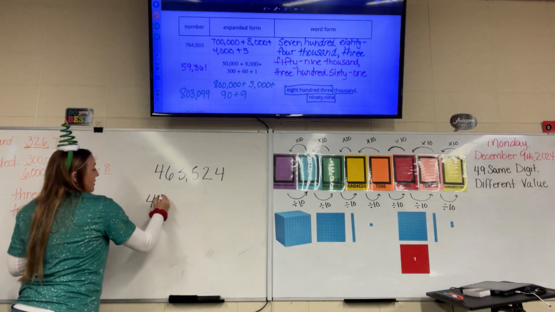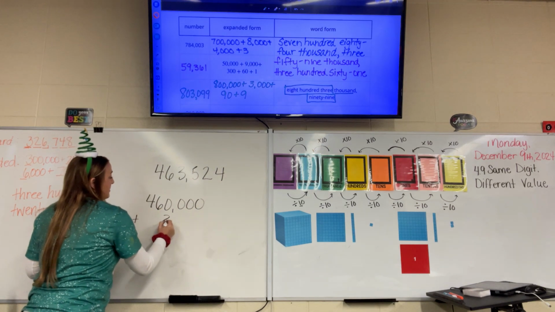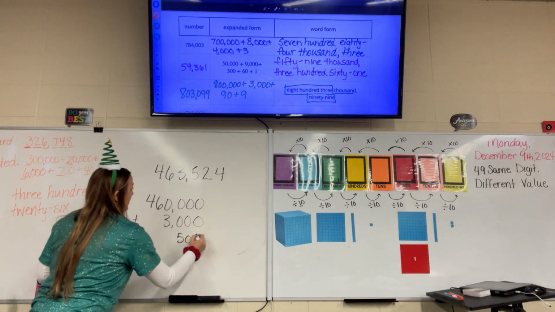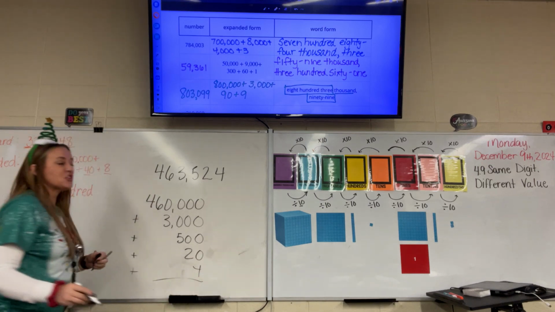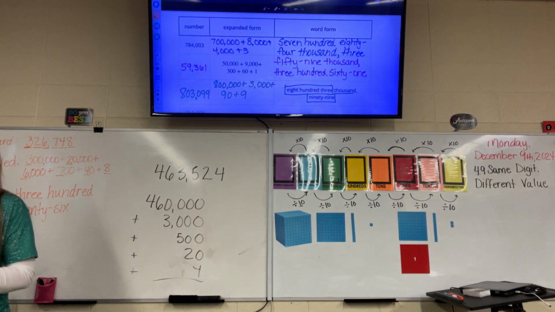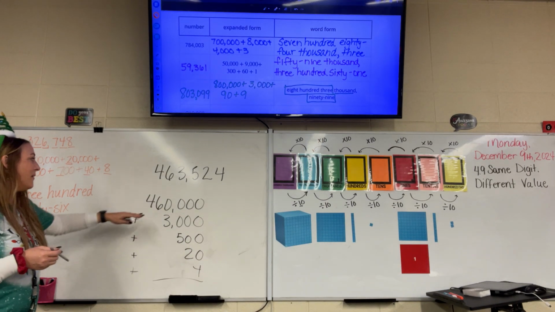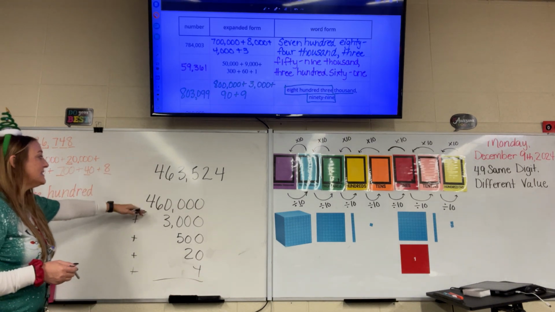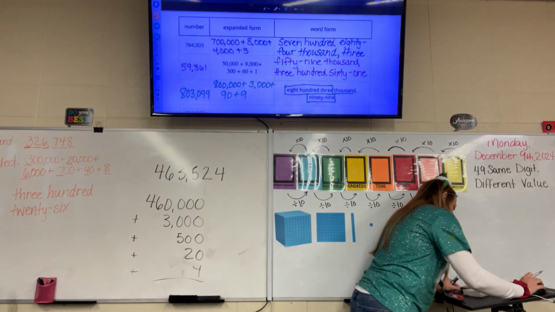And I did 460,000 plus 3,000 plus 500 plus 20 plus 4. And I was sure that I got it right. But what did I do wrong? You got it wrong. Fisher? You scooted the 60,000 over. I put the 400, instead of making it 400, then 60, I did 460. Yeah. I still remember that. Okay. Wow.